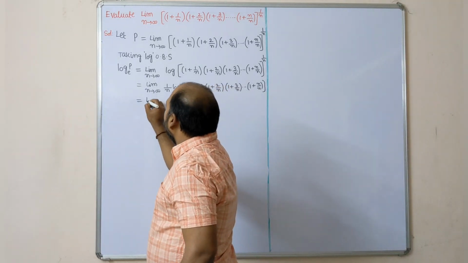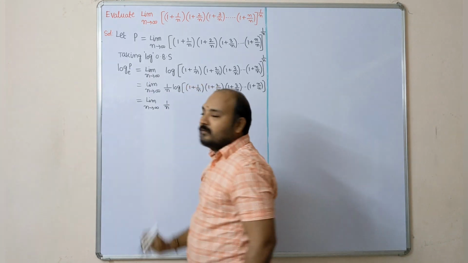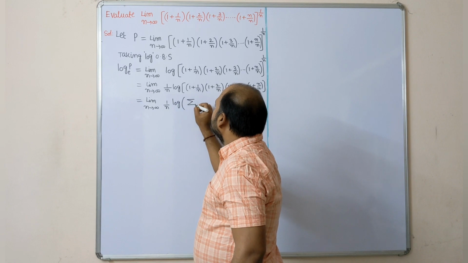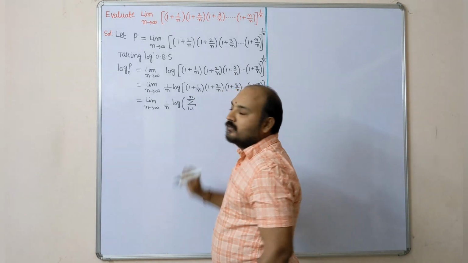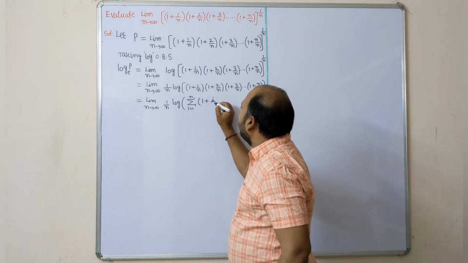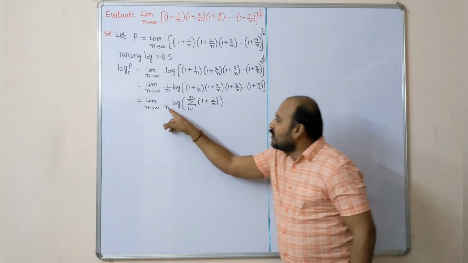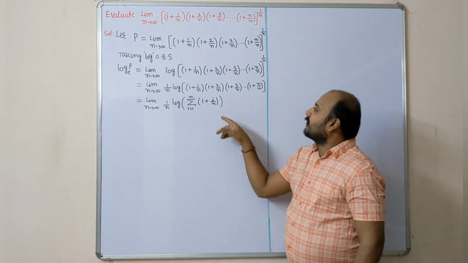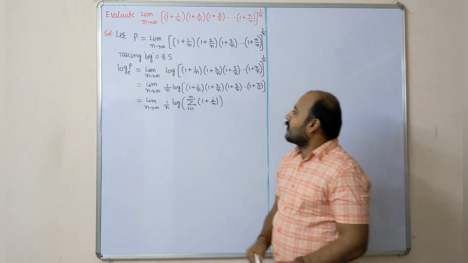So limit n tends to infinity 1 by n log of the product, i is equal to 1 to n, 1 plus i by n. Am I right? If we take i is equal to 1, 1 plus 1 by n, we got it. Then i is equal to 2.